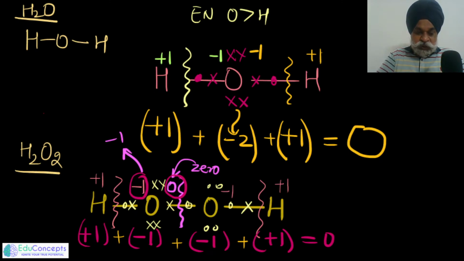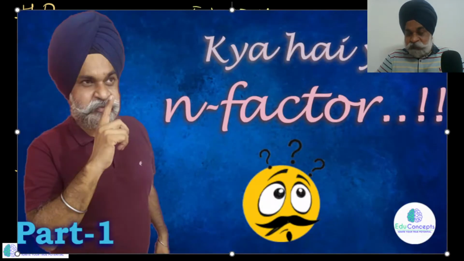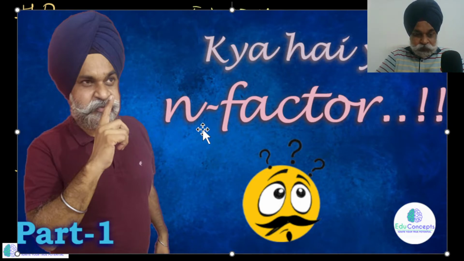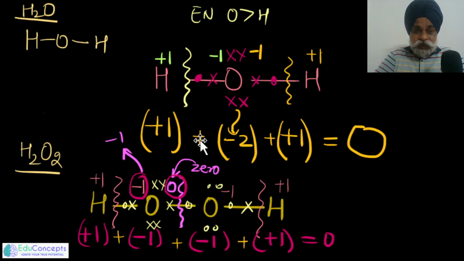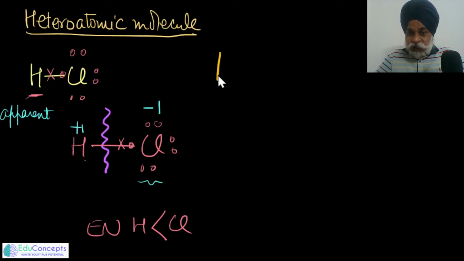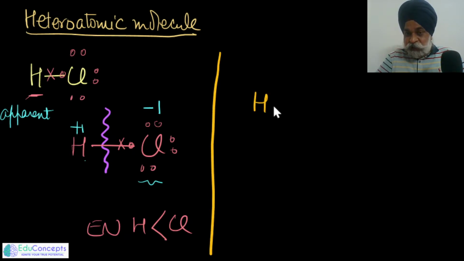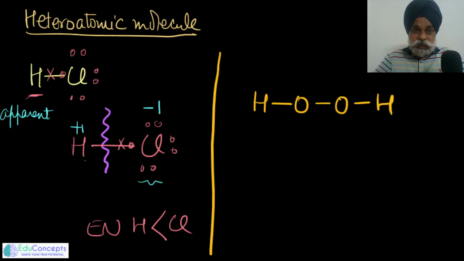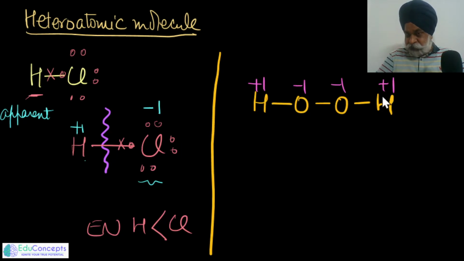Generally, when you want to find the oxidation state of an element, there is an interesting point: we happen to get something like this. The oxidation state for this is +1, for this total is -1, -1, +1. So make it a point.